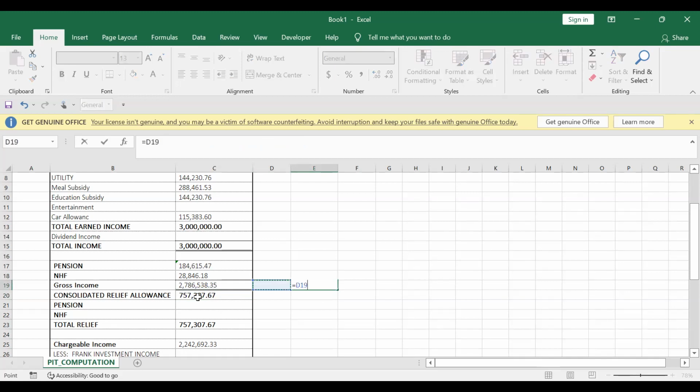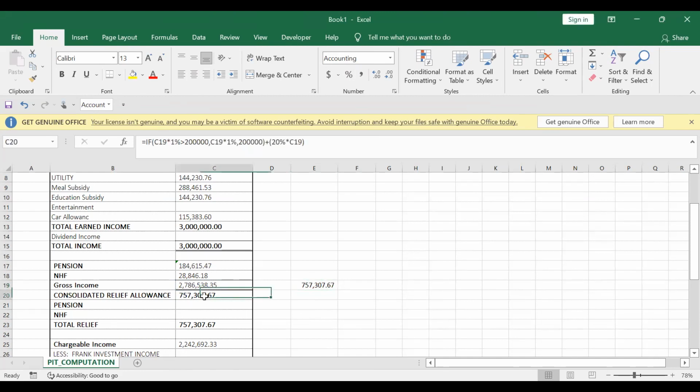So we say 20% of the gross income plus 200,000. So what will that give? You notice that even when I calculated it separately, I'm sure everybody can see that it is exactly the same with the programmed amount. Is that clear?